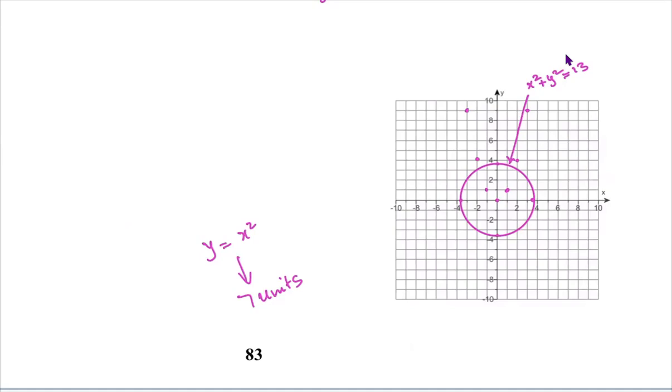Okay. And then I'm going to try to sketch the graph here. Let me move this over and then I'll take it back when I'm done. Connect the dots.